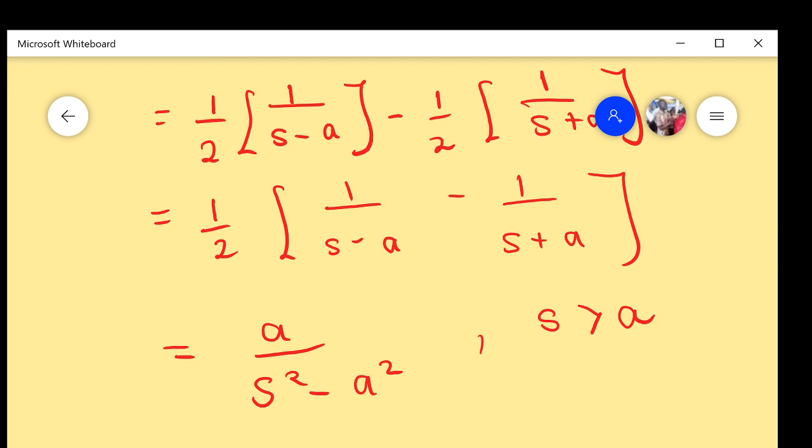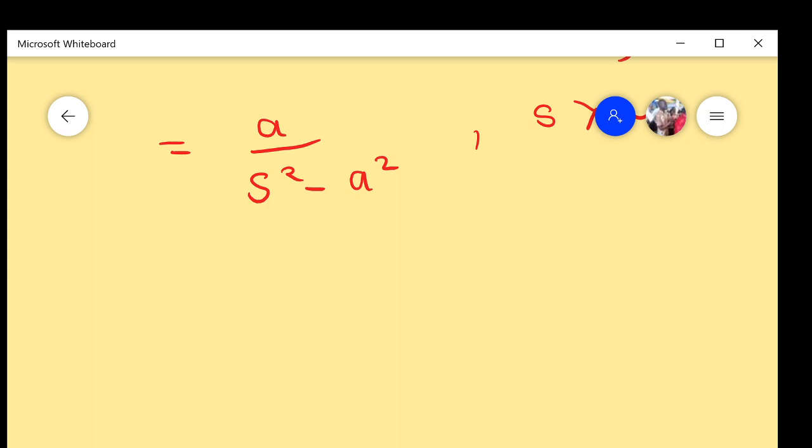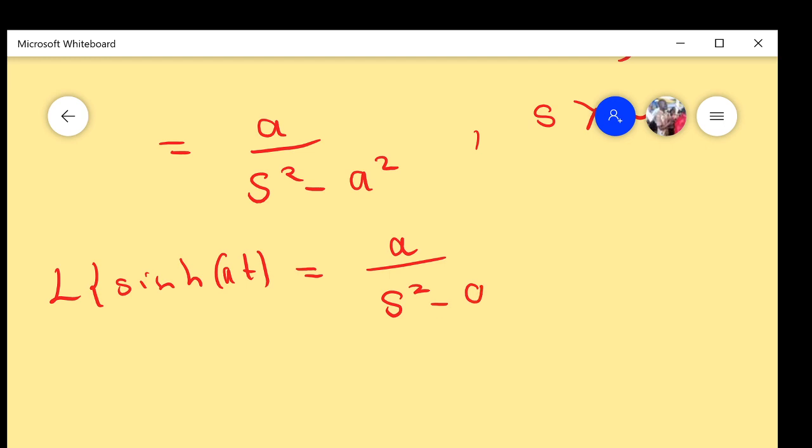So we can conclude that the Laplace transform of sin at is equal to a over s squared minus a squared.